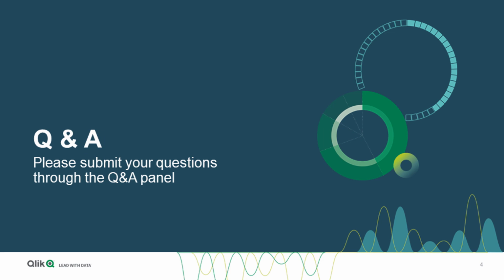The next question is that NPrinting 16 had the ability to reload QlikView documents. Will this feature be included in future versions? I also touched on this earlier, so we are not supporting this as a task type, along with other task types that were available in NPrinting 16. However, because we now have reporting APIs, you can do a lot of this inside of a Qlik load script and create dependencies with native Qlik syntax and our APIs.